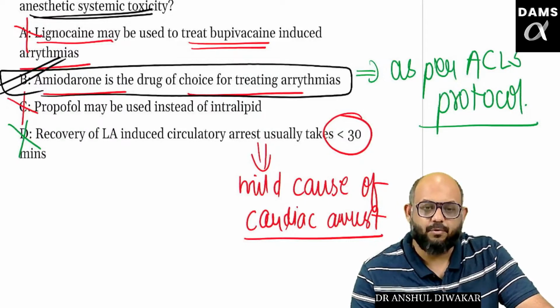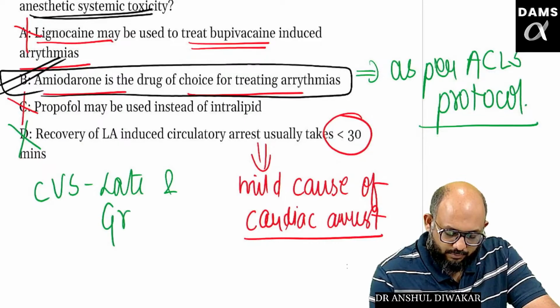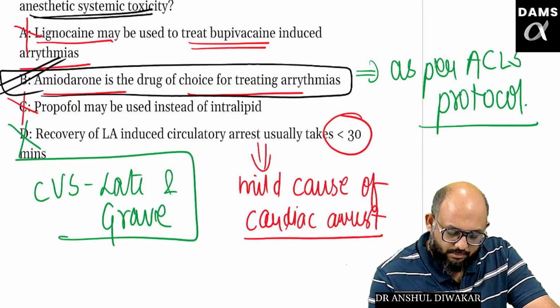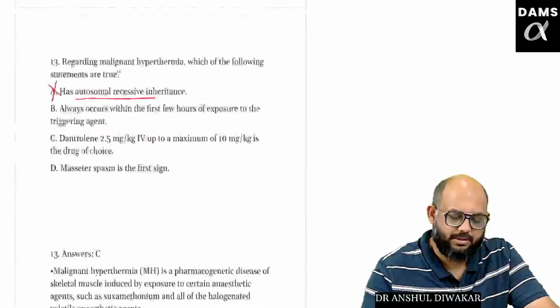That is what we wrote. CVS is a late and grave form of toxicity. It is not something that gets cleared up very easily. That is why that is not the correct answer.